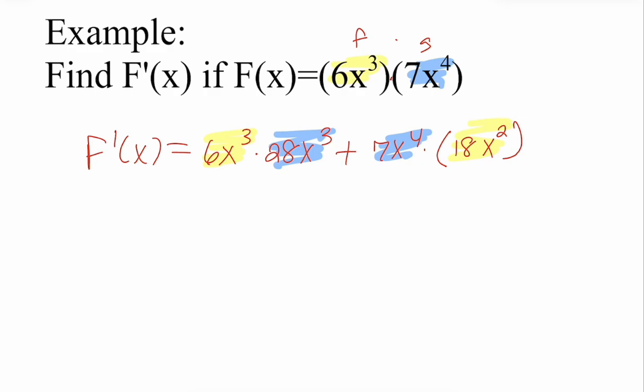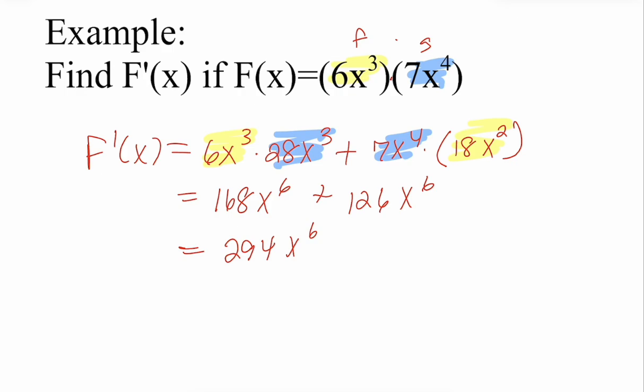Okay, and so then 6 times 28 is 168 x to the 6th. 7 times 18 is 126 x to the 6th. We can add those up. 126 plus 168 is 294 x to the 6th.